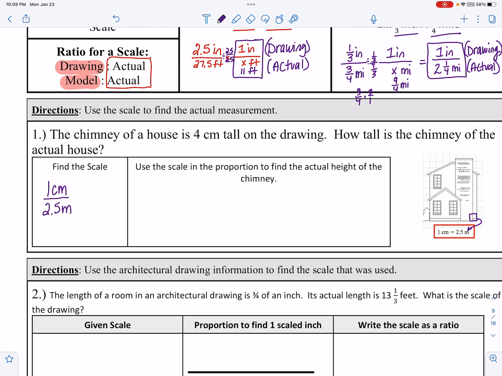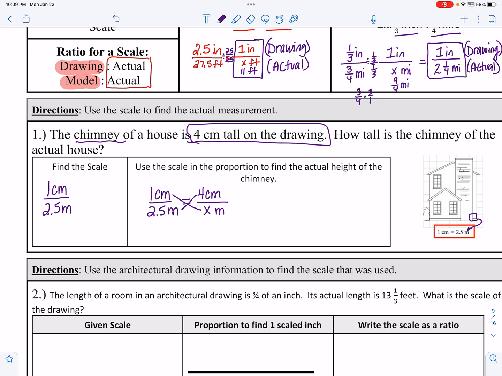So we want to use this scale to go ahead and find the actual height of the chimney, okay? So letting us know that the chimney is 4 centimeters tall in the drawing, okay? So let's go ahead and put our 4 centimeters on top, okay, to figure out how many meters the actual height of the chimney is. So again, we could cross multiply, okay, which wouldn't take very long.